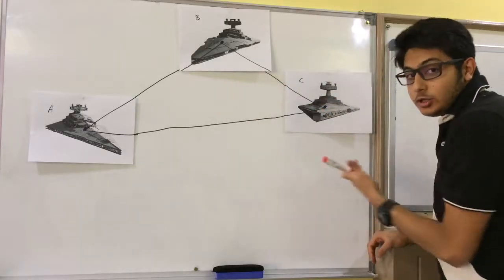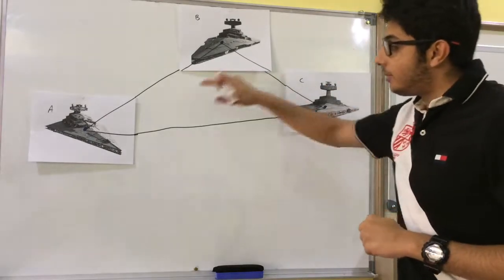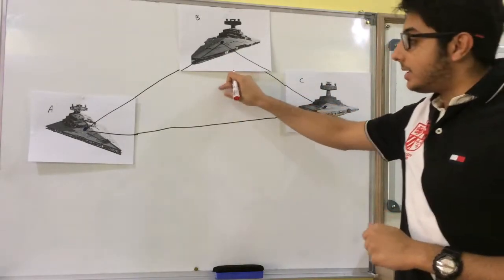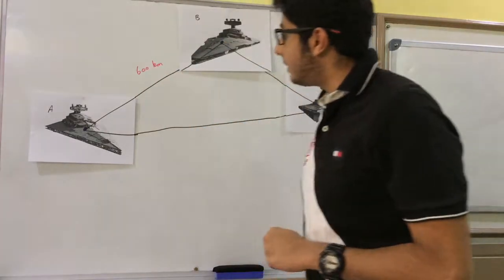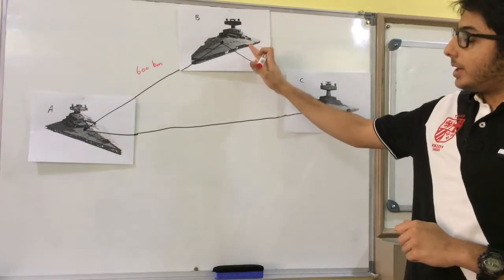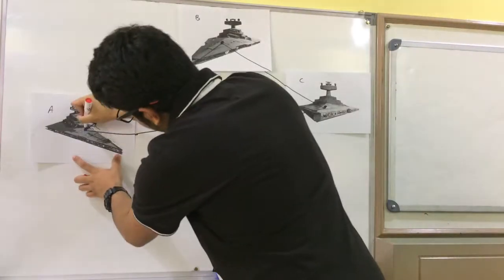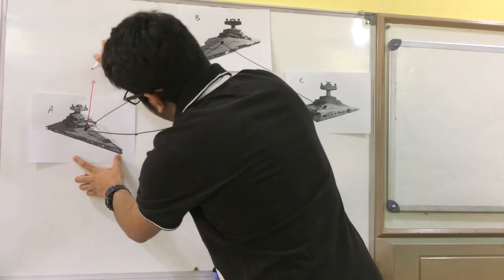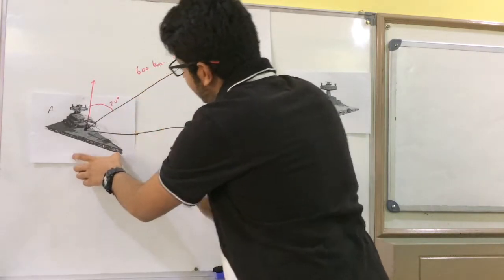So they form a triangle. Now it's said that the distance from A to B is 600 kilometers, and it's on a bearing of 20 degrees from A. So draw the north line from A. That will be 20 degrees.